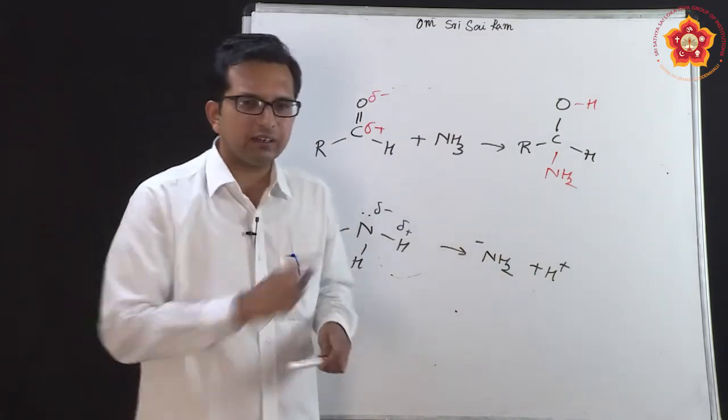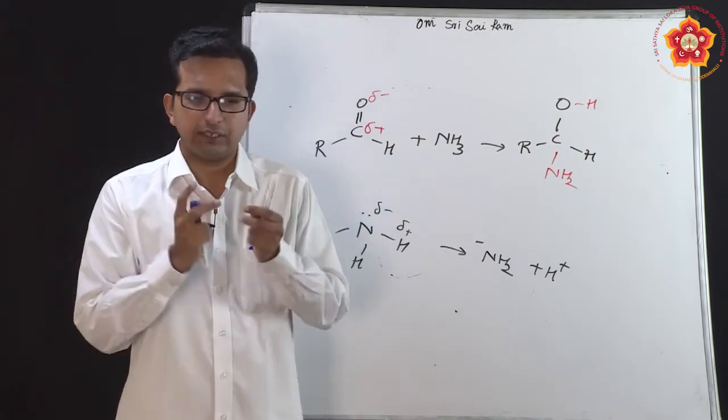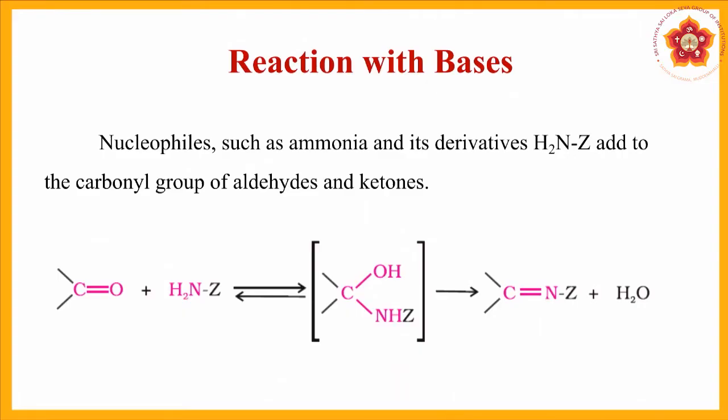So this was a general reaction which was explained for a simple example of ammonia, but now in the generalized reaction, what they have considered is where in ammonia one of the hydrogens is replaced by Z. Now what is this Z?